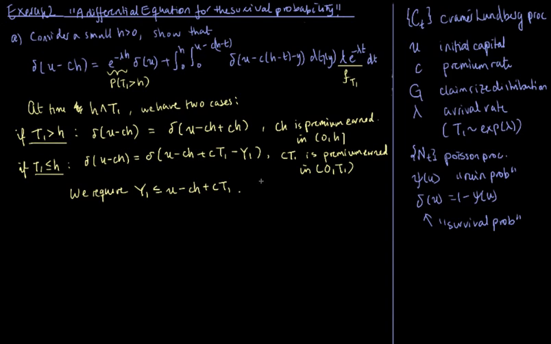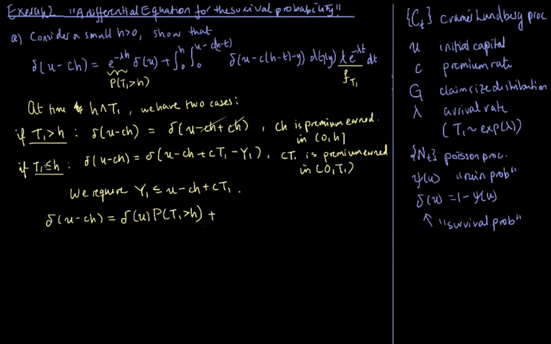Now, gathering all of these observations into one equation, what we see is this. So if I have the case where the first arrival comes after time h, well, then what we are considering at that time will be the probability of survival given an initial capital u, because these two will just cancel. And then I multiply by the probability that t1 is greater than h.